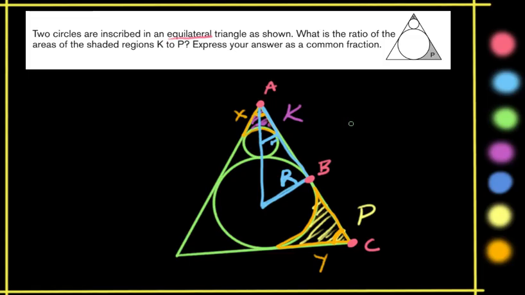So really, if we can find the ratio between these two radii, that will be the ratio between these distances. Let me give you another point here.